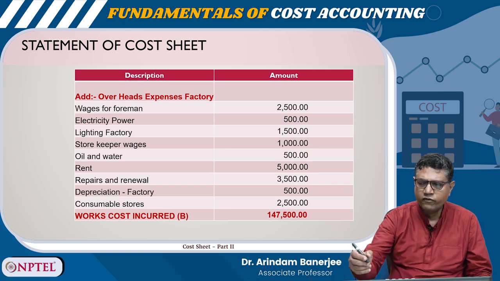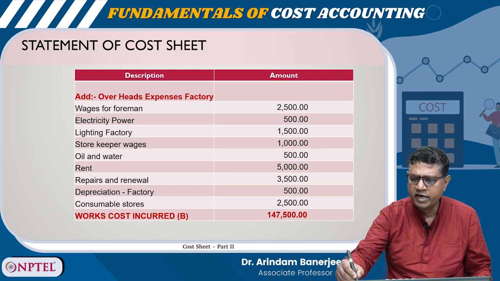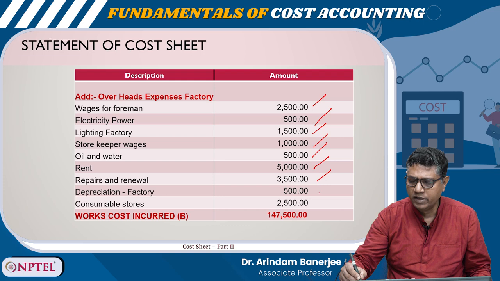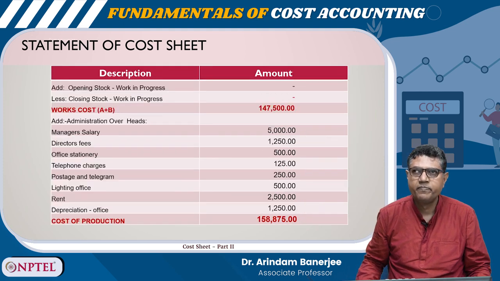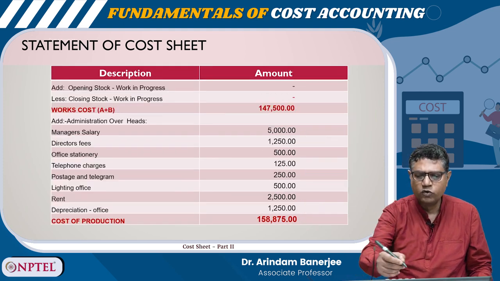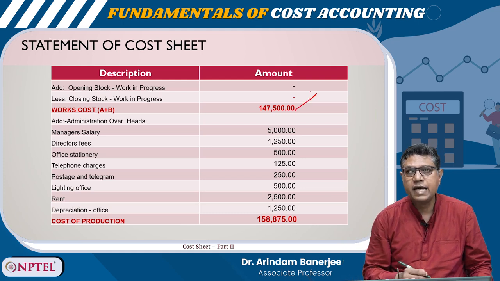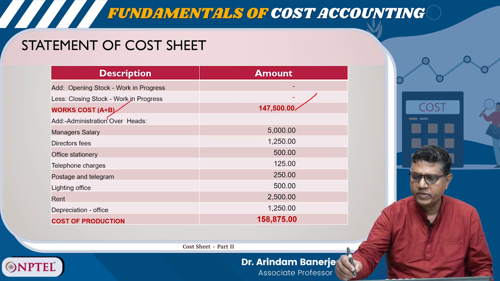With that, the factory overhead expenses are added: wages of foreman, electric power, lighting factory, storekeeper wages, oil and water, rent, repairs and renewal, depreciation, consumable stores. So, works cost is 1,47,500. There is no opening and closing stock, so our works cost is 1,47,500.